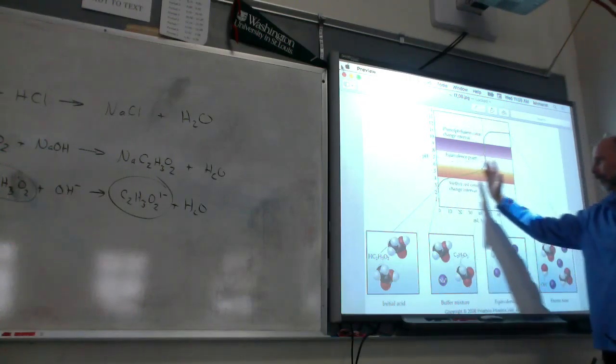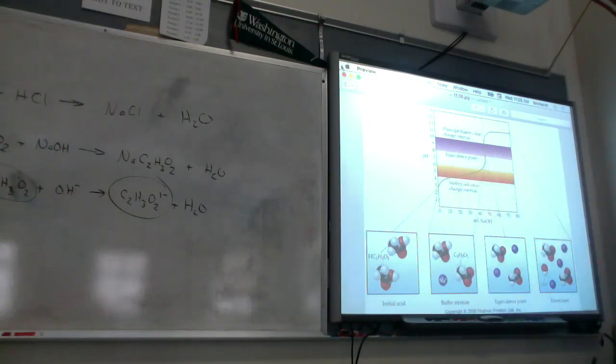On this graph, where would the maximum buffering region be? What volume of sodium hydroxide? Assuming equal concentrations of acid and base.